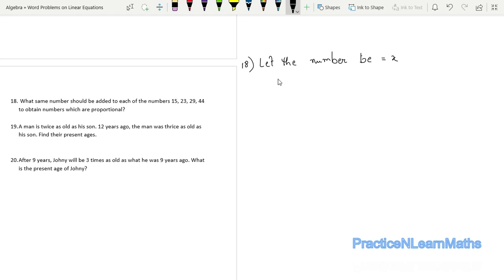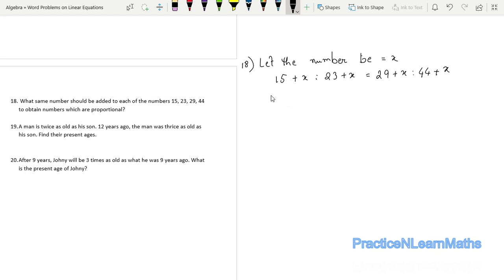So that we get 15 plus x is proportional to 23 plus x is equal to 29 plus x proportional to 44 plus x.